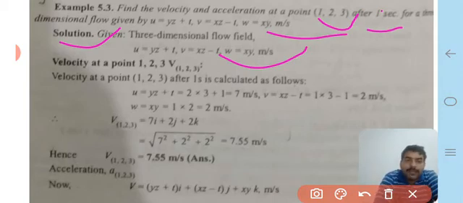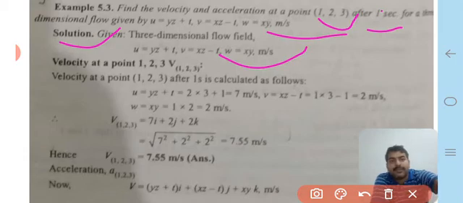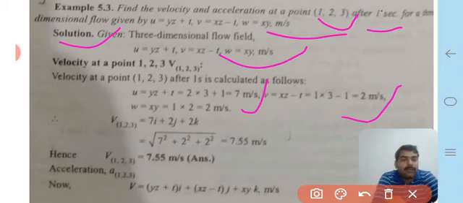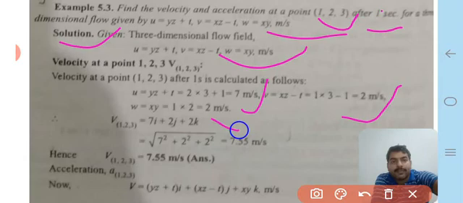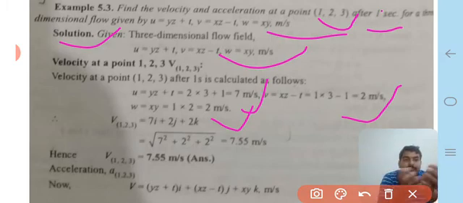Okay, putting these values in the given equations, u is equal to how much? 2 into 3 plus 1, that is 7 meter per second. v is equal to how much? That is 2 meter per second, and w is equal to 2 meter per second. So the u component is 7, the v component is 2 meter per second and the w component is 2 meter per second also.